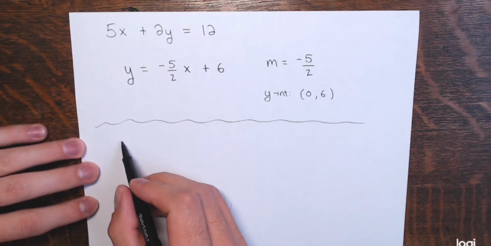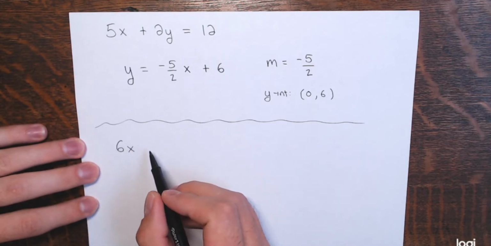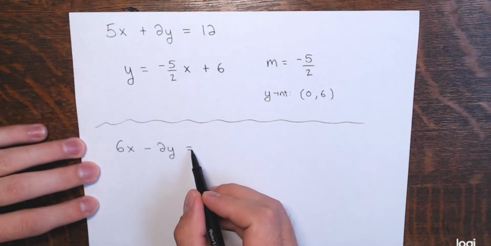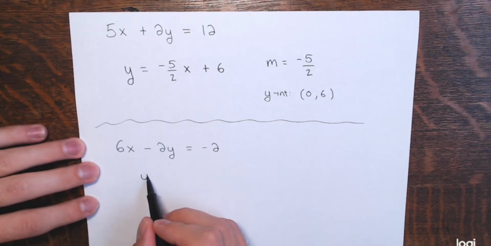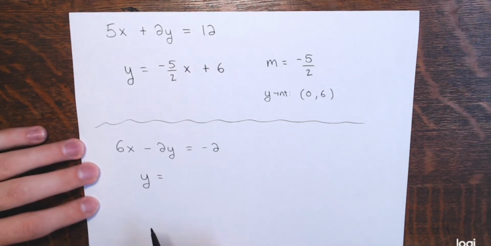So the equation we're given this time is 6x minus 2y equals -2. And like I did in the previous examples, I'm just going to tell you the steps that I do and write the equation in slope-intercept form.